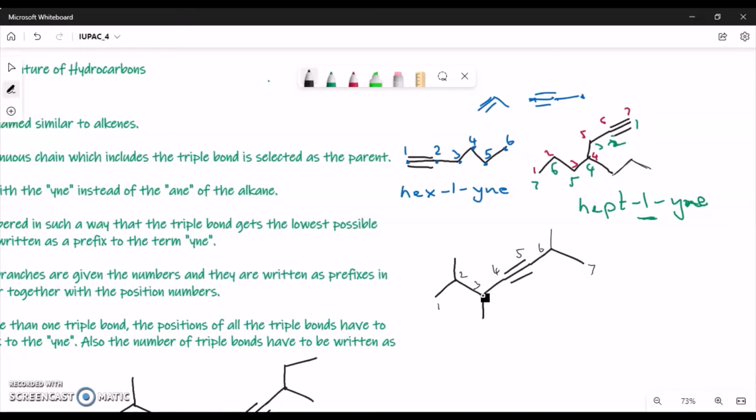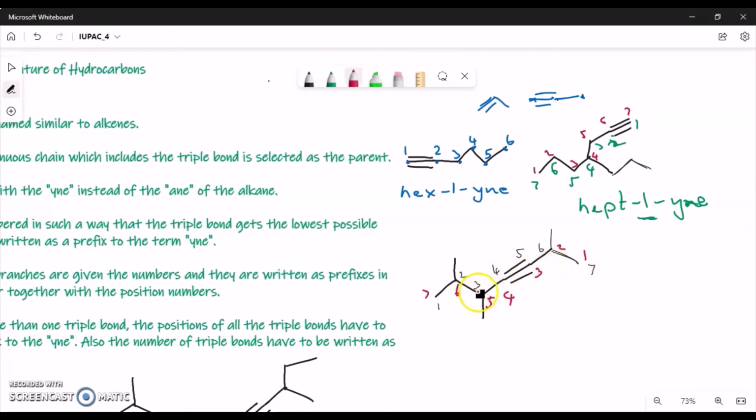Then the second one in the red, I can number like this, 2, so this is the 7. So 1, 2, 3, 4, 5, 6 and 7, which is the better numbering.